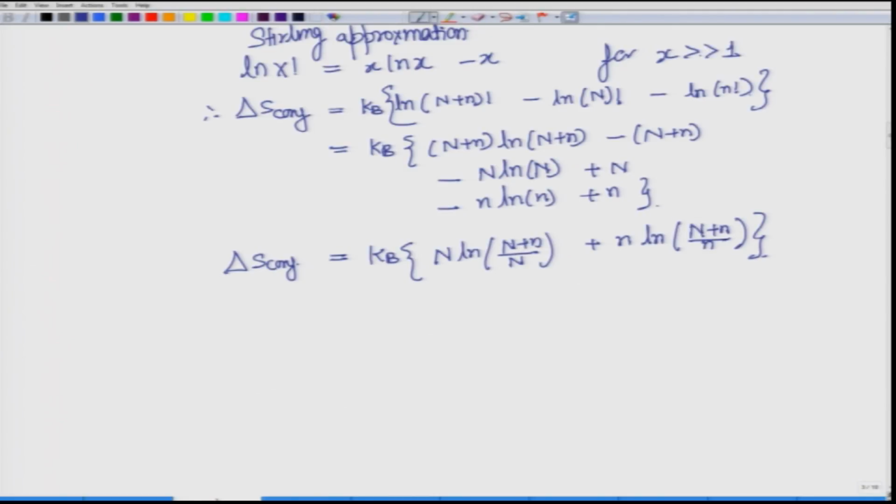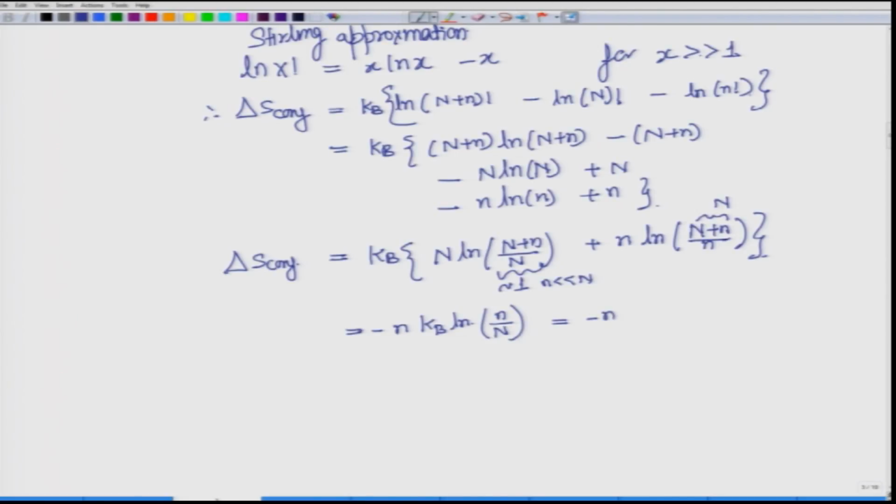So, therefore, this quantity N plus n by N can be approximated as 1, because n is much smaller than N. Now, here N plus n can be approximated as N, and since ln 1 becomes 0, we have only 2 terms, n KB ln, and if we reverse this, which I will explain in a moment, it is N by n. Now, why did we reverse it? Because this quantity represents nothing but the fraction of vacancies.